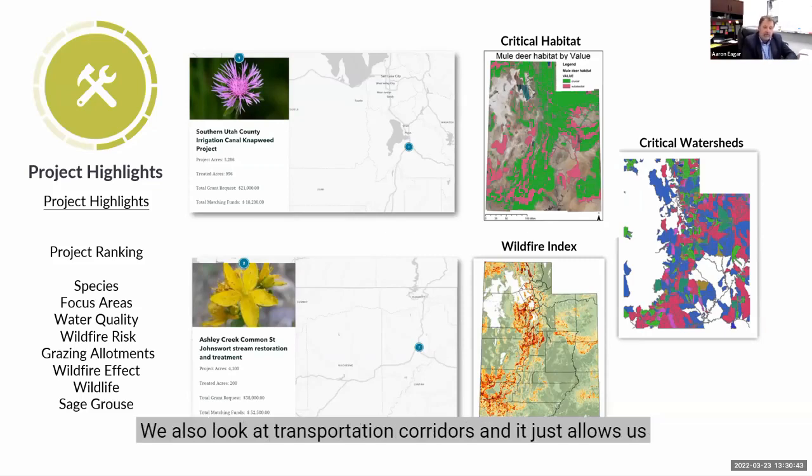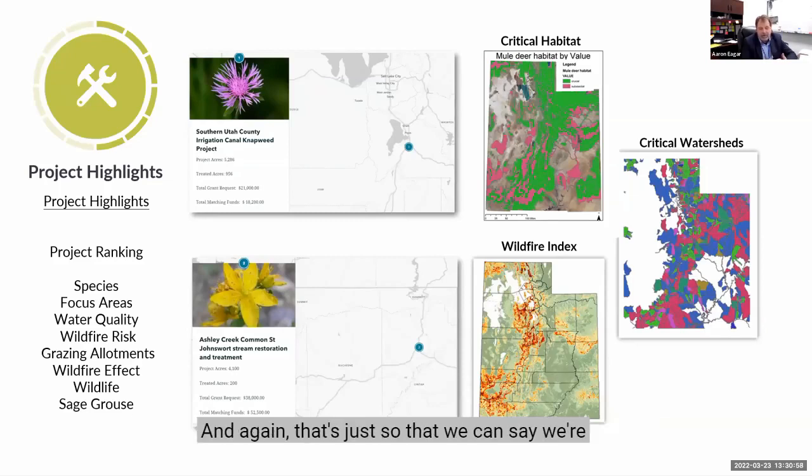We also look at transportation corridors, and it just allows us, or me really, to identify which projects we are going to fund, what value that has, and then I can report back on it. And again, that's just so that we can say we're diligent in how we're spending taxpayers' money. Are we making the best decisions we can?